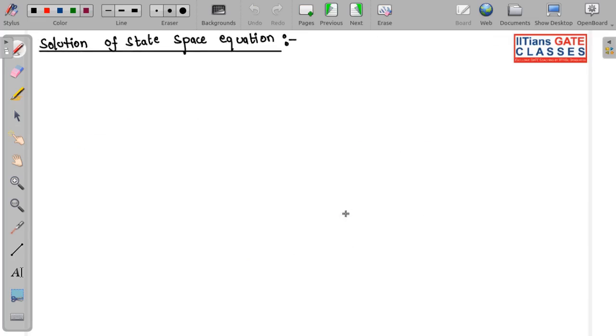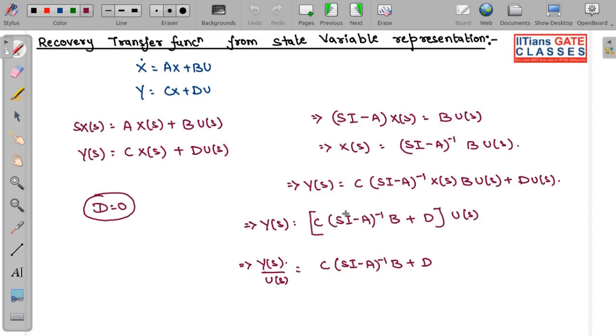Now basically we have the solution of your state space equation. So let us see what we mean by the solution of the state space equation. Basically this is your set of differential equations.